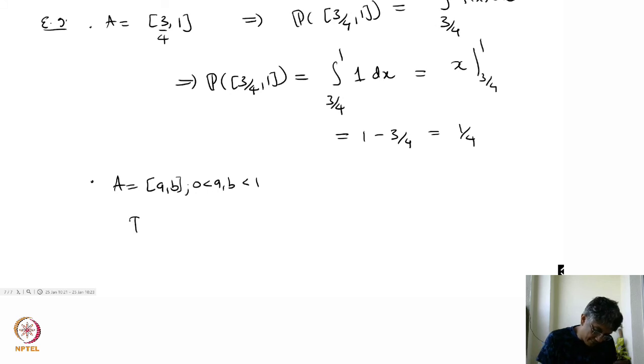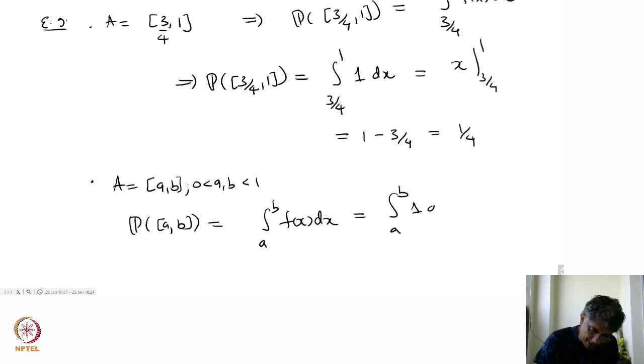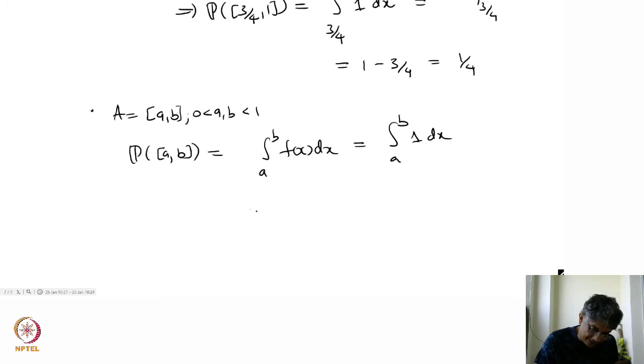So I take the probability of the event AB. I just go from A to B of f of x dx, and that's again the integral from A to B of 1 dx, because A and B are between 0 and 1, so the density function is 1.